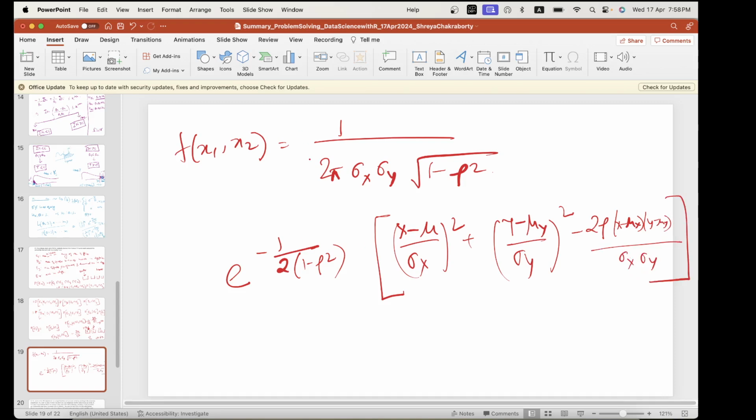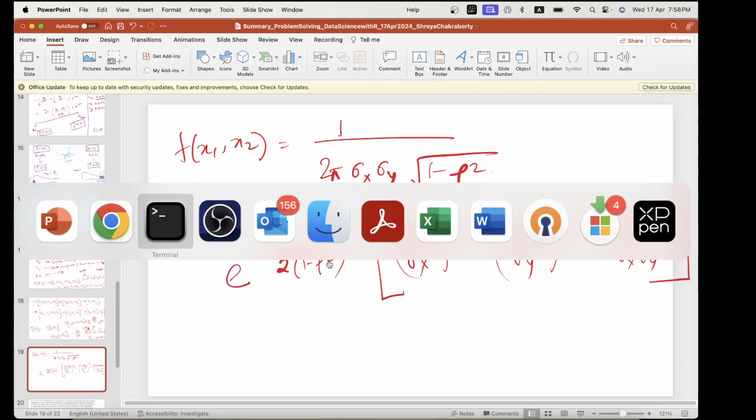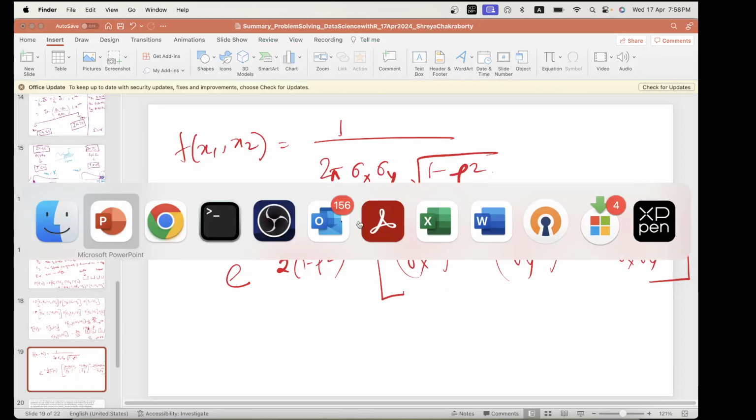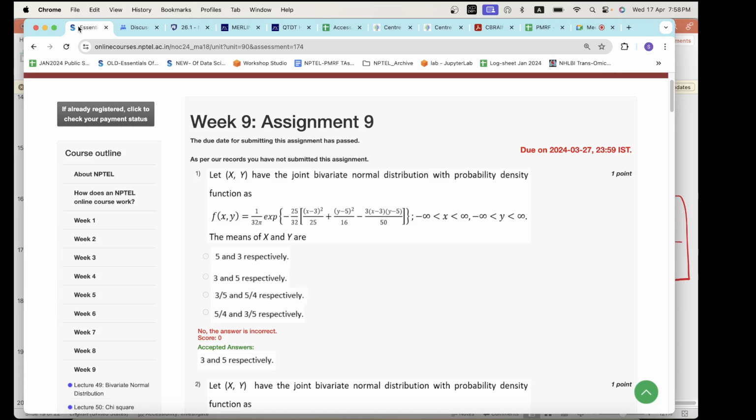Okay, so from here, you see mu x is 3, mu y is 5. All right, sigma x looks like 5, sigma y looks like 4. Now the only thing that you have to check is that this rho containing term should also match.